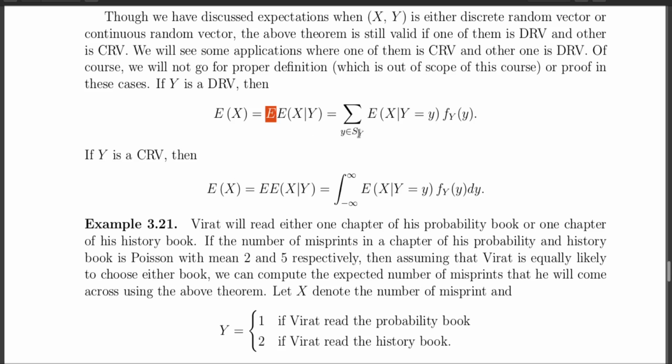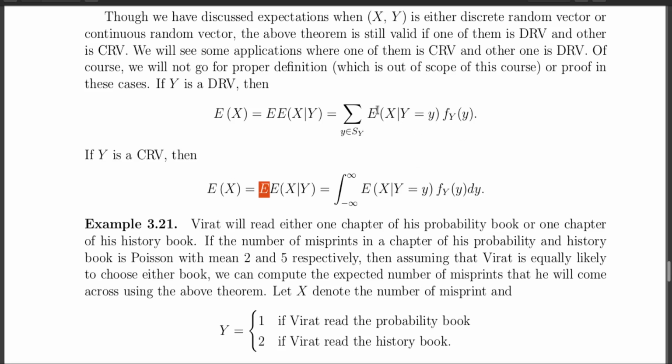So the sum over y belonging to the support of y, of expectation of x given y equals y, into the probability mass function of y. And if y is a continuous random variable, then this expectation will be an integration of expectation of x given y equals y, into the density function of y, dy. This writing sometimes helps.